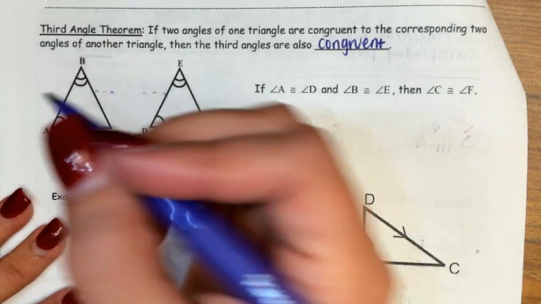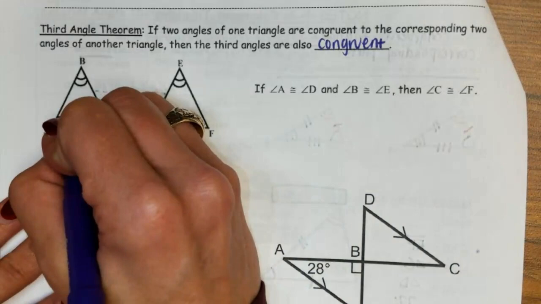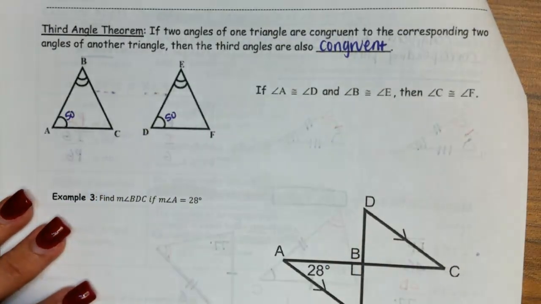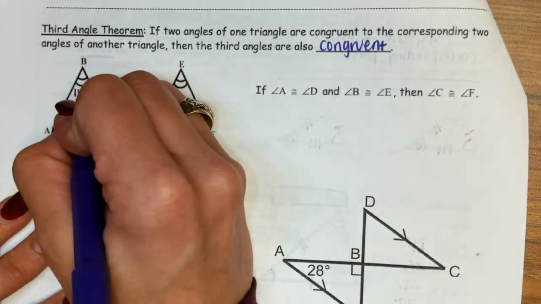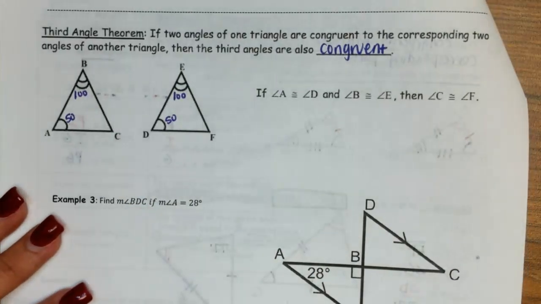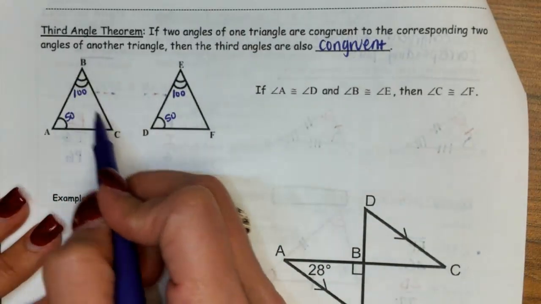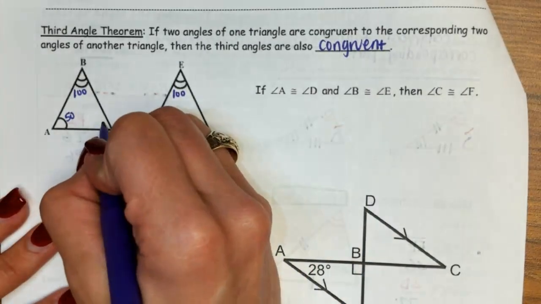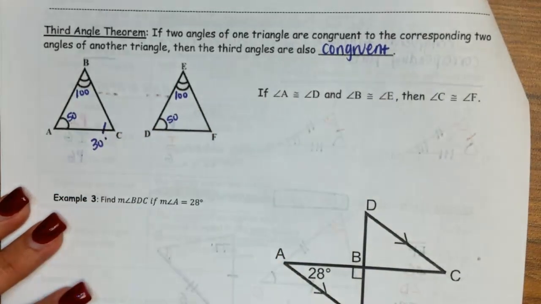So for example, let's just say that angle A is 50. That means that angle D is 50, because they're congruent. Let's say that angle B is 100. That means angle E is 100. So if all three angles add up to 180, here's 150, that means that this angle has to be 30, because of our angle sum theorem.